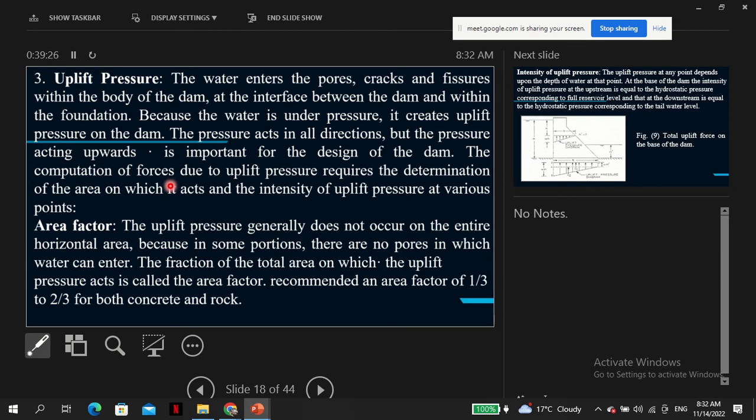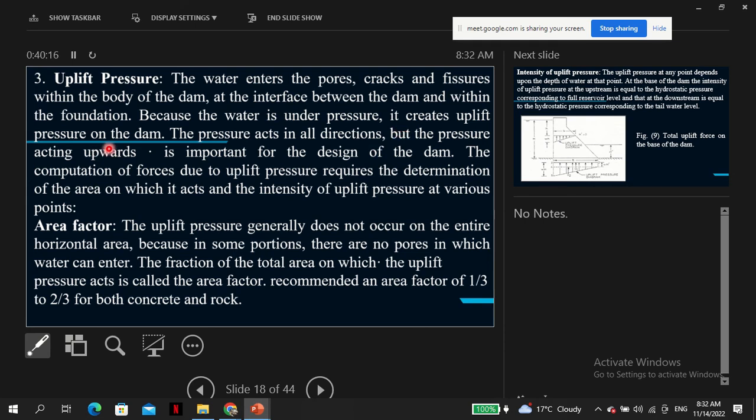So the uplift pressure. The water enters the pores, cracks, and fissures within the body of the dam, at the interface between the dam and the foundation.